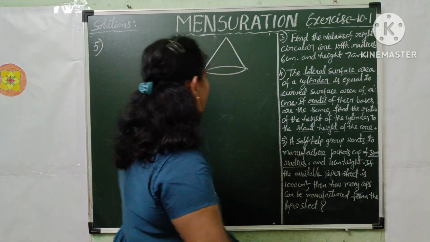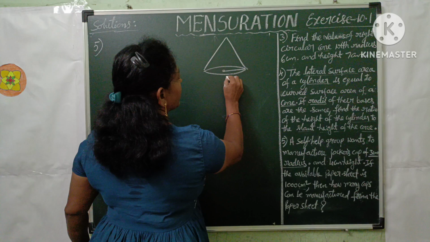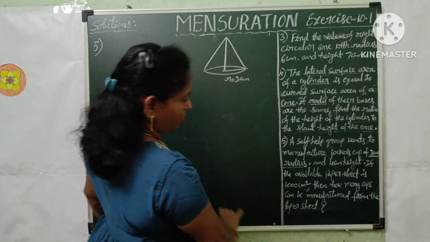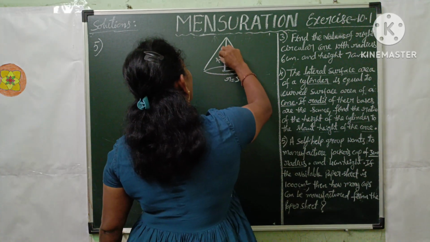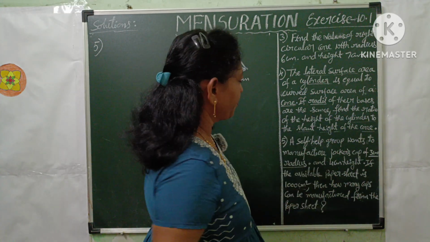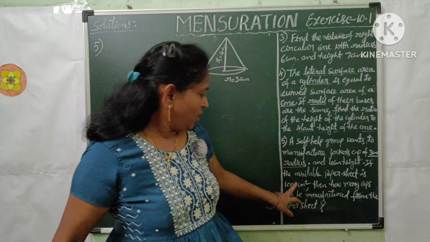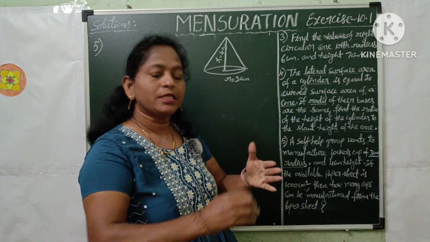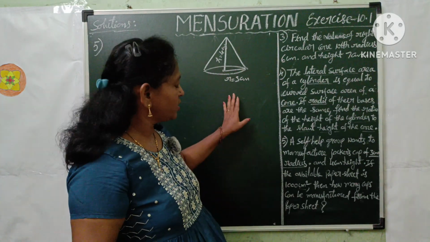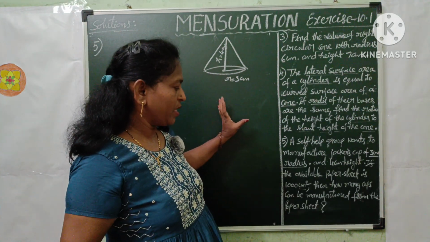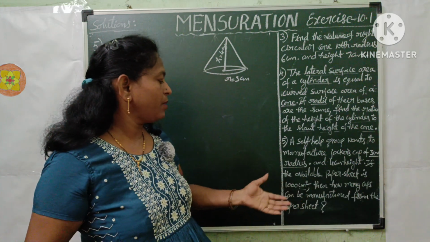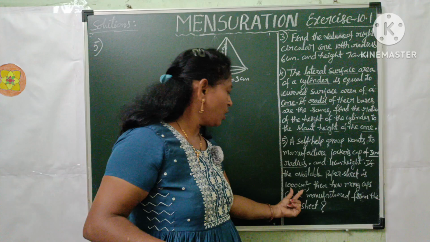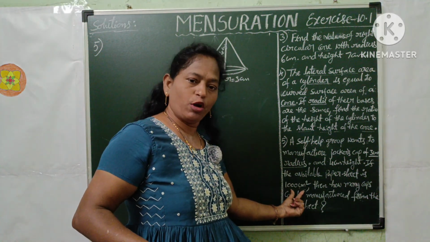Radius is given as 3 centimeters and the height is given as 4 centimeters. If the available paper sheet is 1000 centimeter square, that is the total sheet they have, then how many caps can be manufactured from the 1000 centimeter square sheet of paper?